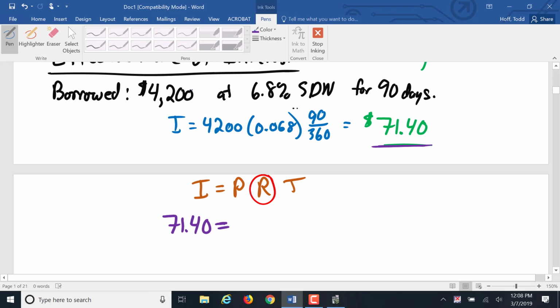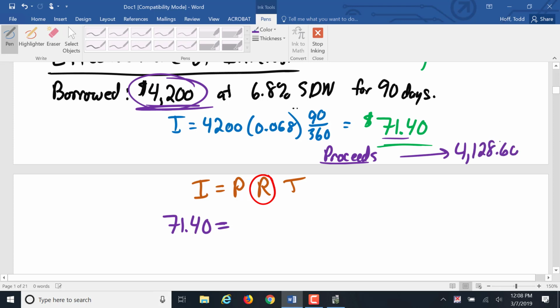However, the principal we're going to use is not that face value of $4,200. We found a proceeds. That proceeds was found by taking that face value and subtracting the discount. And that proceeds was $4,128.60. That's the money the customer actually receives to use. So we're going to use that as our principal for calculating the rate of interest.